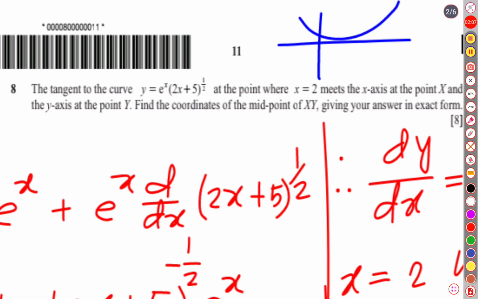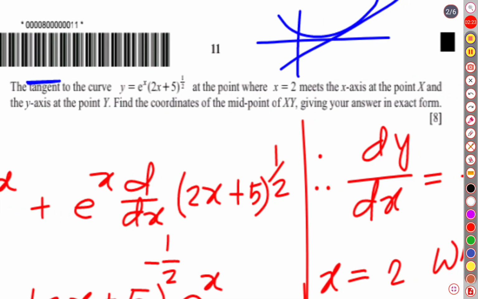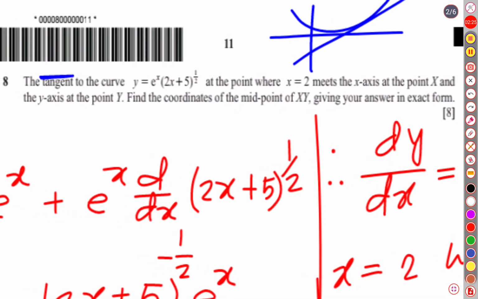Then there is the tangent. So our clue point is the tangent. This one may be the tangent. The tangent is intersecting x and y. Look at this, this is the x-axis, isn't it? So it touches the x-axis.